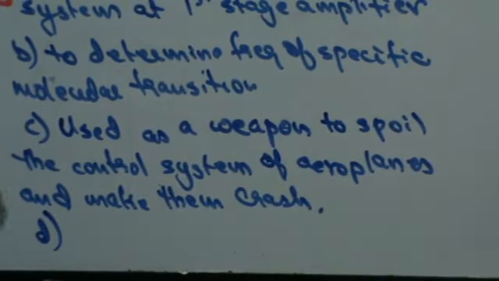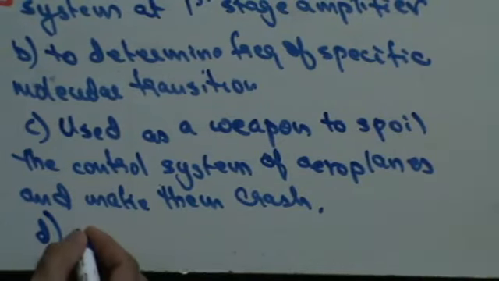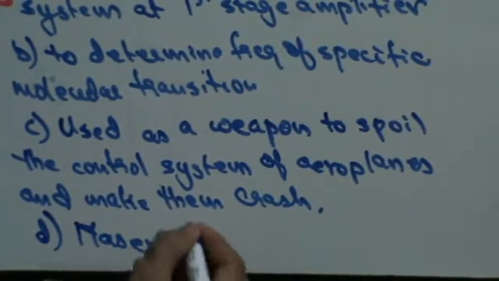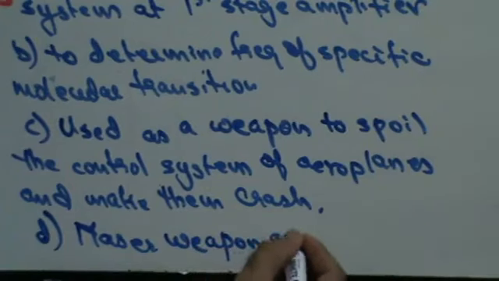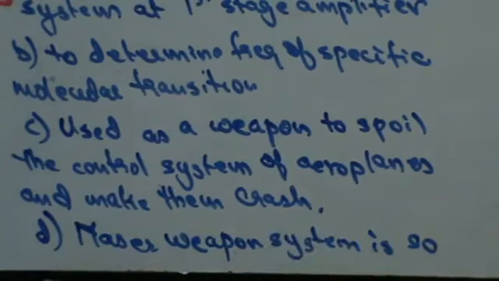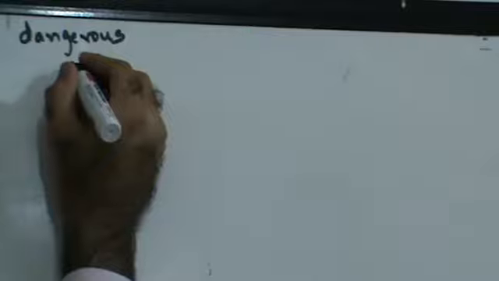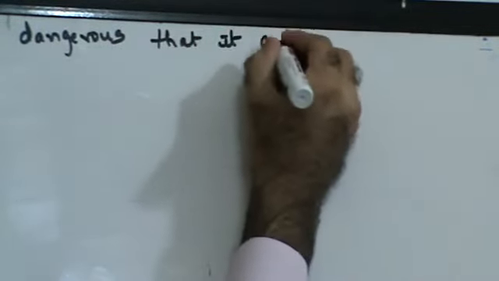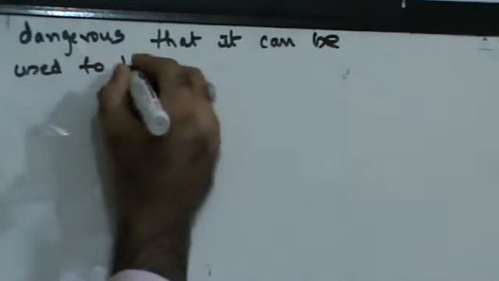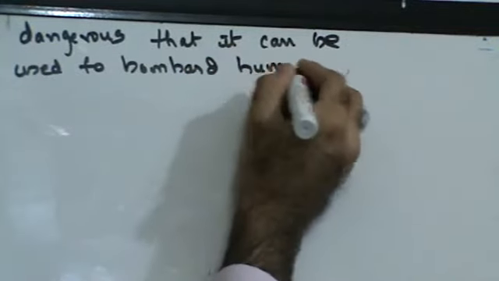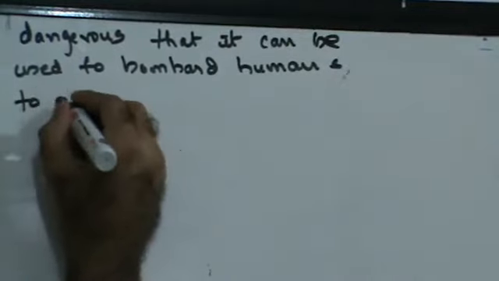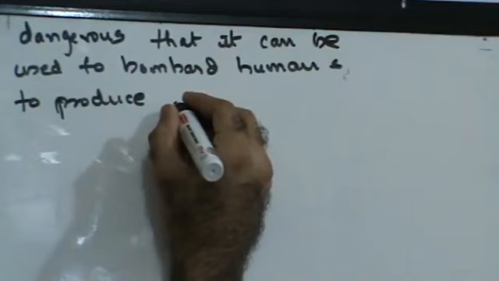So a maser weapon system is so dangerous that it can be used to bombard humans to produce dysfunctionality of the brain.